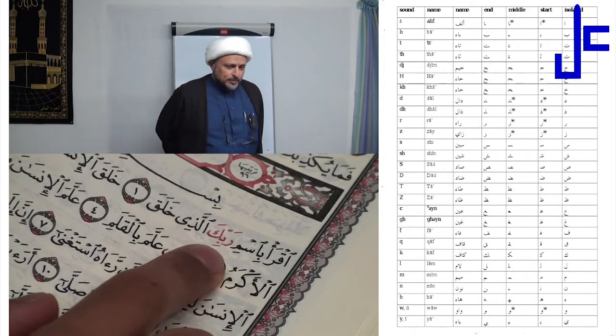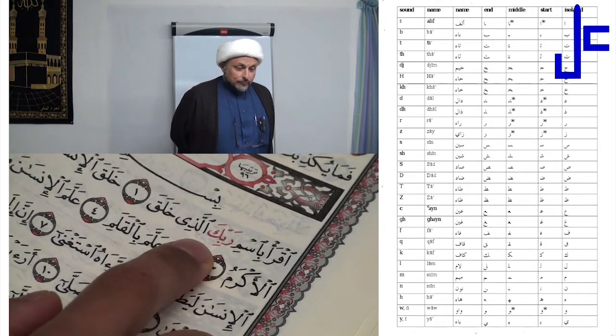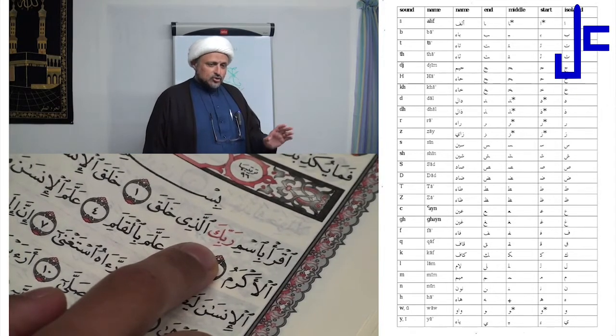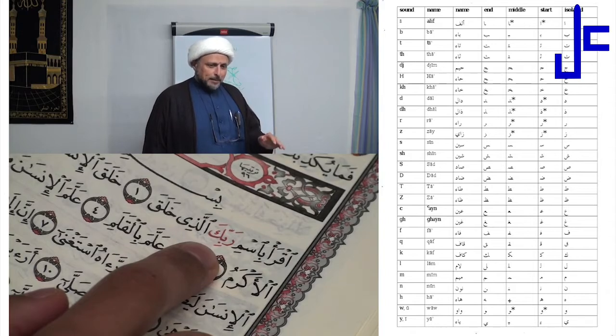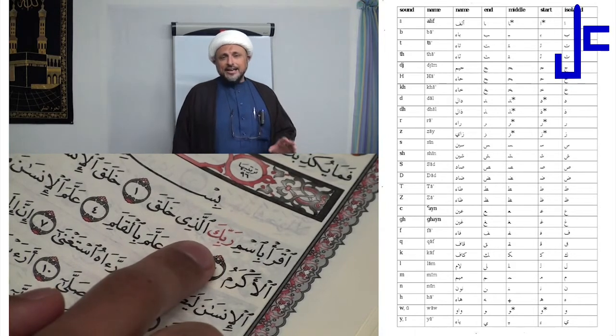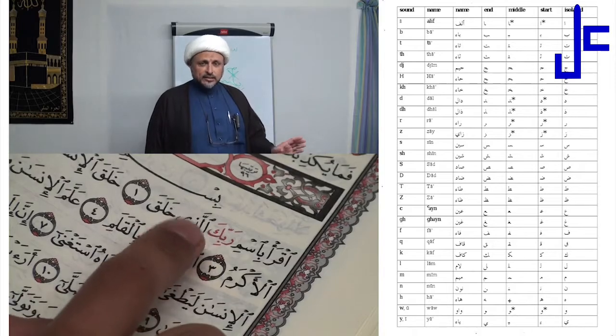How will you say it? Rabbika. Fantastic. Rabb, the first bar doesn't have anything. So Rabb. The second one, B. So Rabbi. Whenever there's shadda, the first letter has the sukoon embedded in the shadda.